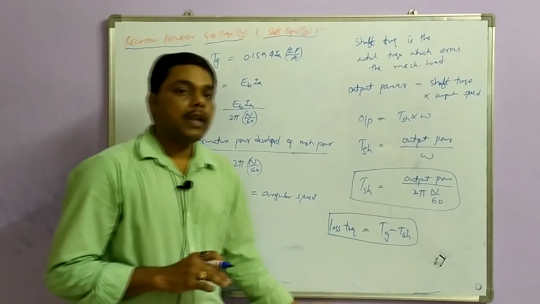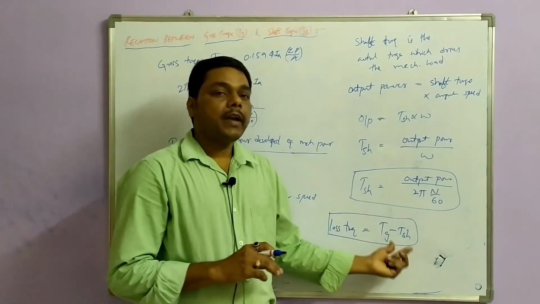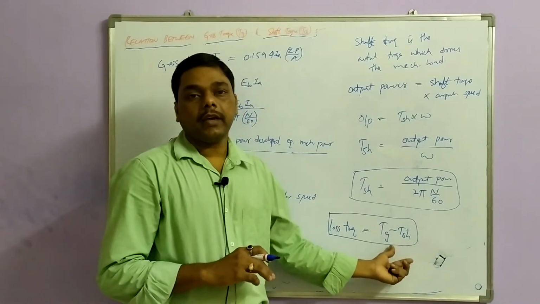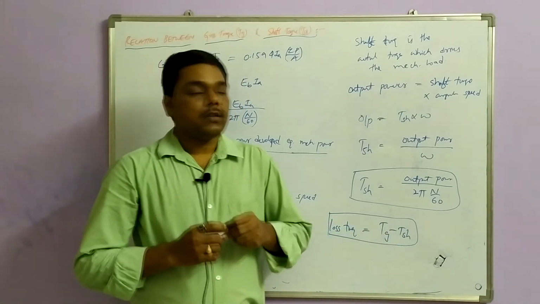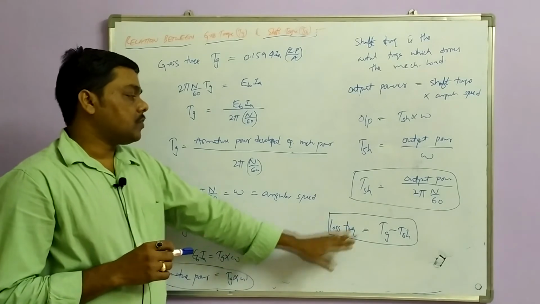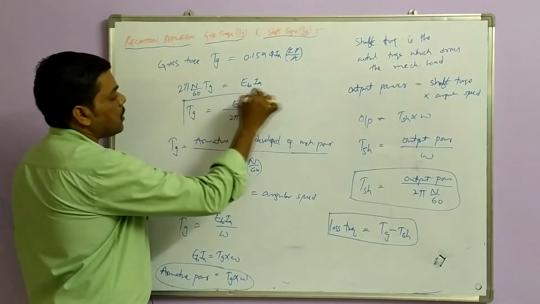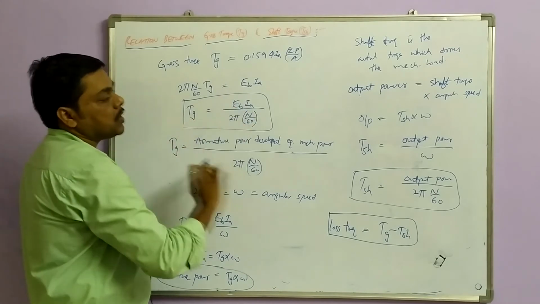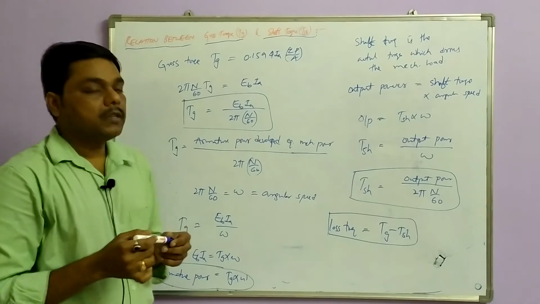Now anyhow it is an electrical input, we will deduct the mechanical losses and iron loss here, so you will get the actual shaft torque. Now this is the relation between shaft torque and gross torque, and this formula you have to remember. It is EbIa by 2 pi N by 60, and this is output power by 2 pi N by 60.